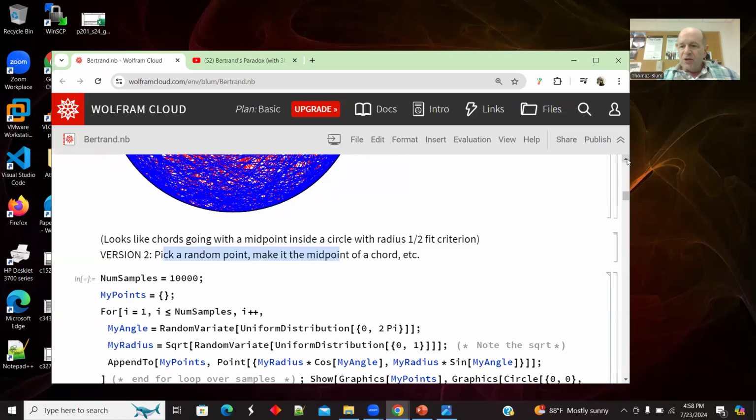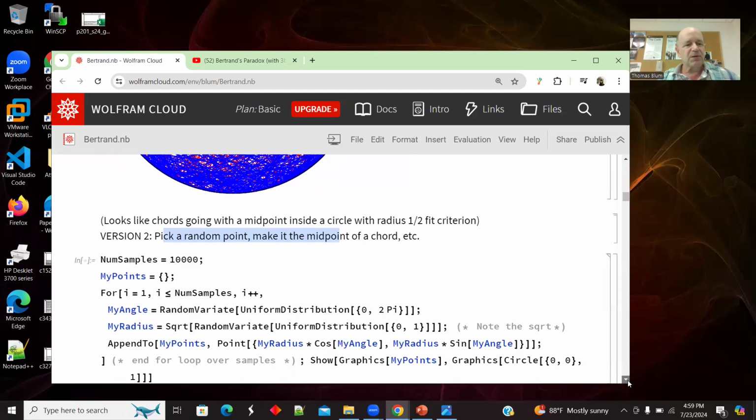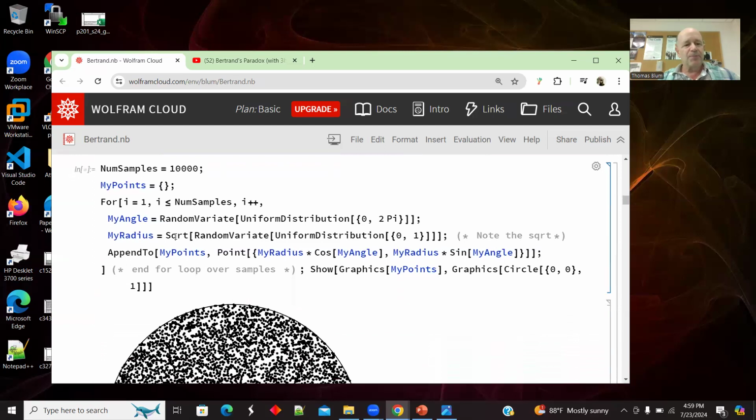Then just by looking at this area, when you pick a random point and construct a chord from it, the chords from the inner circle will be large enough, and the ones in the outer circle will be small enough, so you're expecting an answer of a quarter. Okay, so let's play the game that way.